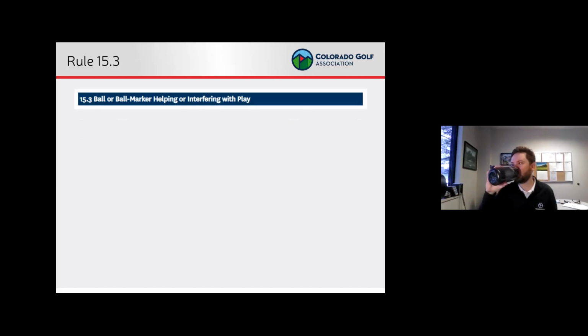In the WGC match play tournament, a player's caddy broke a sign in half while trying to move what may or may not have been a movable obstruction. If this were to happen in stroke play, is there a penalty? Well, the answer is yes, and it does depend, not necessarily on the form of play, but on whether that object was a movable obstruction or an immovable obstruction.